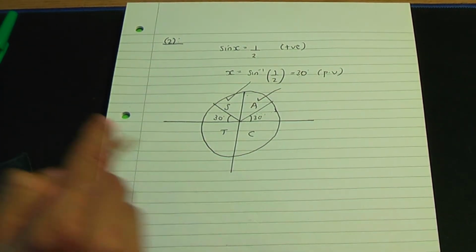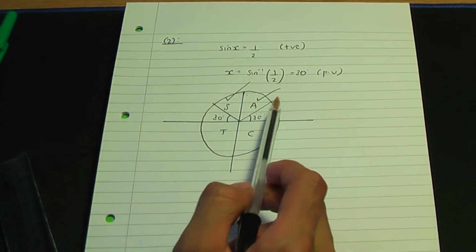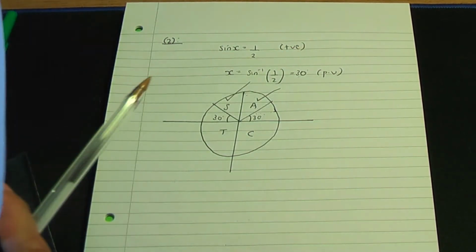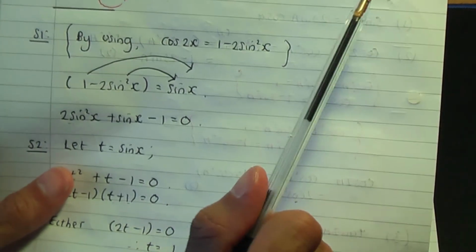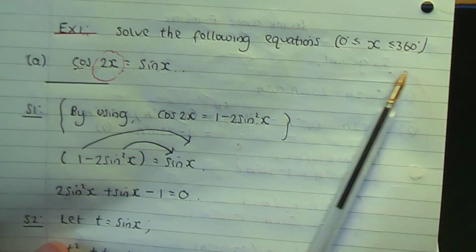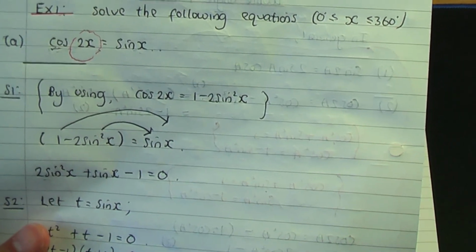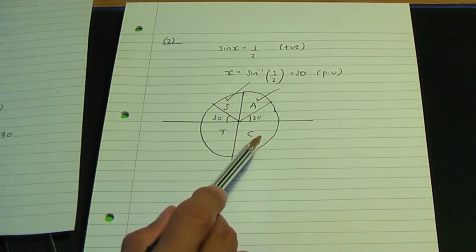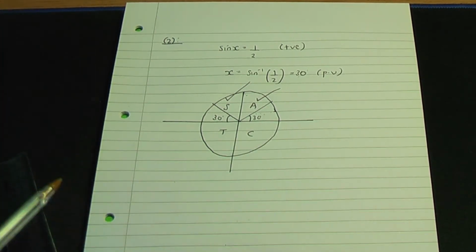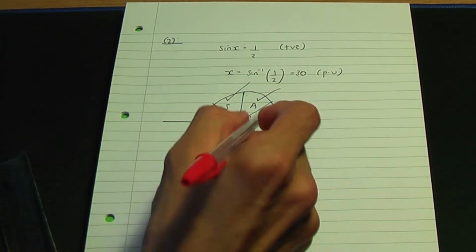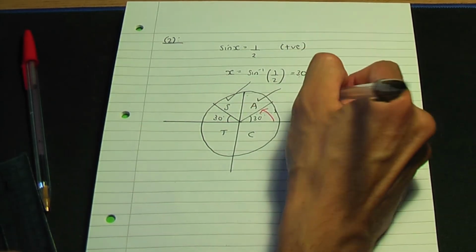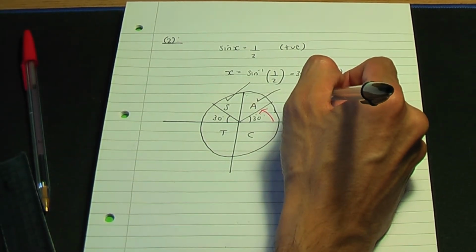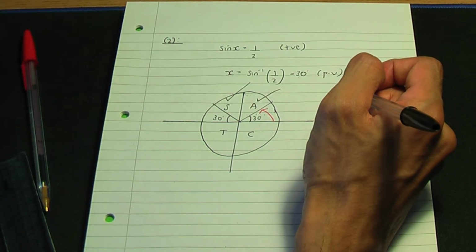Again we're working out the angles x, and remember our range, we need to work out the solutions for x between 0 and 360 degrees inclusive. Looking at our CAST diagram, the first positive solution is from the initial line in the anti-clockwise direction until we strike that first line.